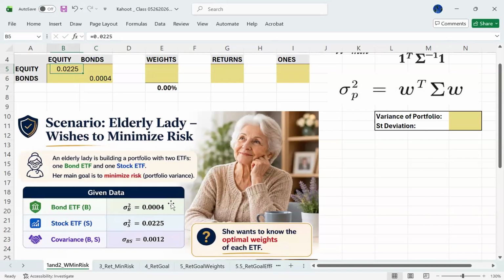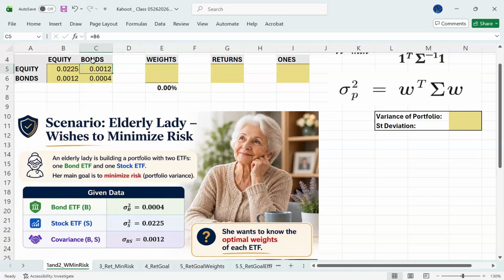In the covariance matrix, the other cells capture the covariance. So this is the covariance of bonds and equity. We have it here, 0.0012. And of course, if the covariance of equity and bonds is 0.0012, the covariance of bonds and equity is also going to be 0.0012.